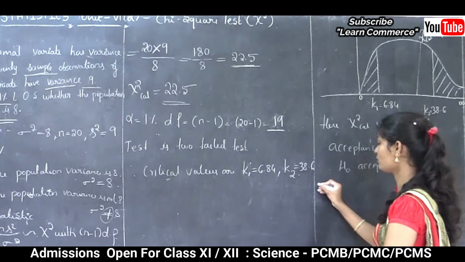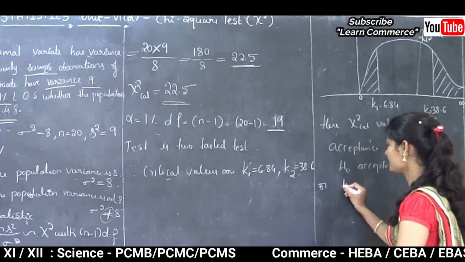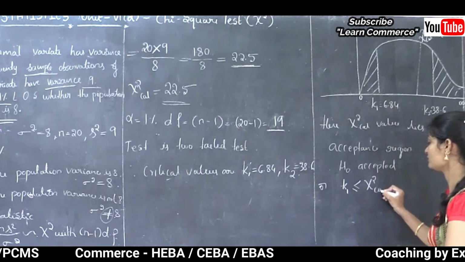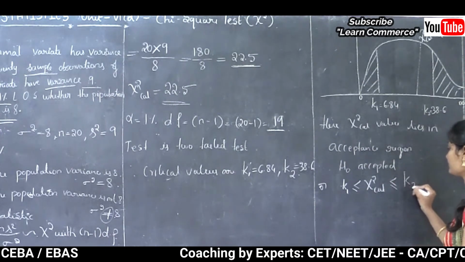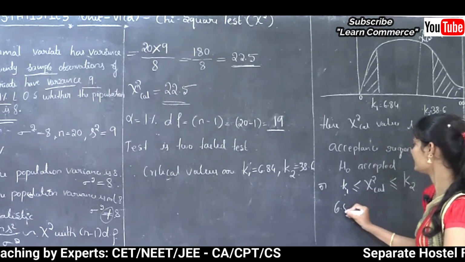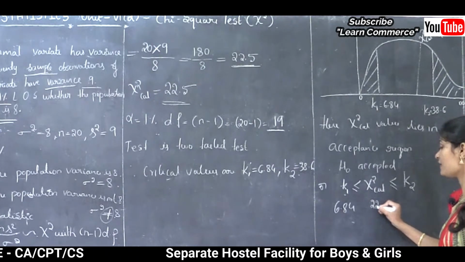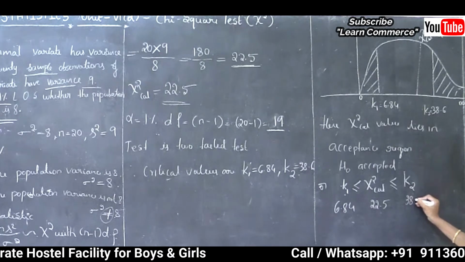Or the other condition: this is a two-tailed test, therefore the condition is K1 less than or equal to the chi-square calculated value, less than or equal to K2. This is small letter K2. Here the K1 value is 6.84, the chi-square value is 22.5, and the K2 value is 38.6.